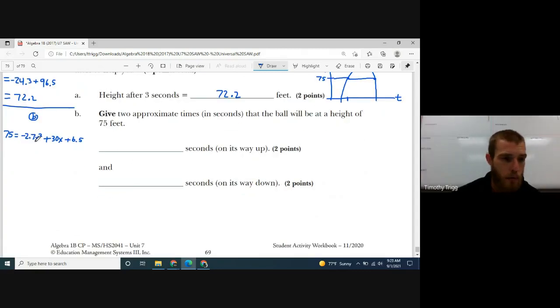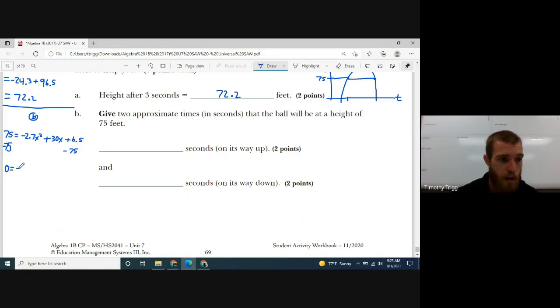The first thing I would do is, see how it has 75 here on the left? We actually don't want that. We want it to be 0 over here on the left. So we're going to subtract 75 over here, and that way we'll get 0 on this side of the equal sign. Of course, if we subtract 75 on this side, we have to subtract 75 on the right side as well. You're just going to subtract it with the constant, because these are both constants, and we'll subtract those together. So that becomes 0. 75 minus 75 is 0.